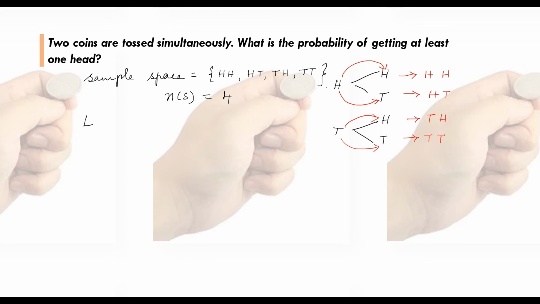Therefore, the event to be considered is getting at least one head. As mentioned earlier, whenever we are getting at least one head, we have to consider one and more than one.